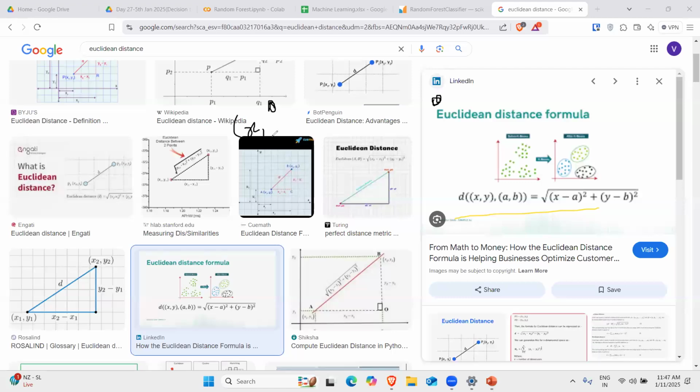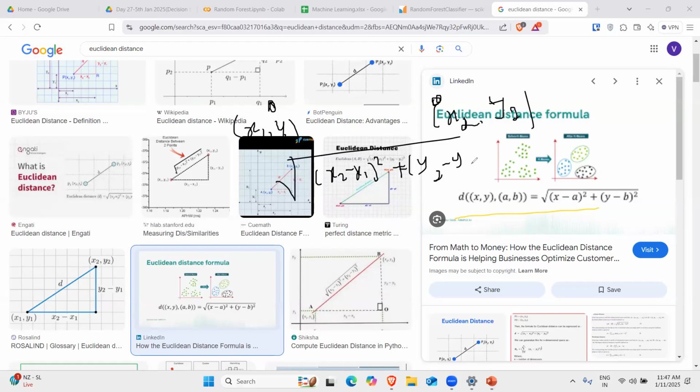This point has coordinates x1, y1. This has coordinates x2, y2, right? You'll find the distance as the square root of (x2 minus x1) squared plus (y2 minus y1) squared. Yes or no?